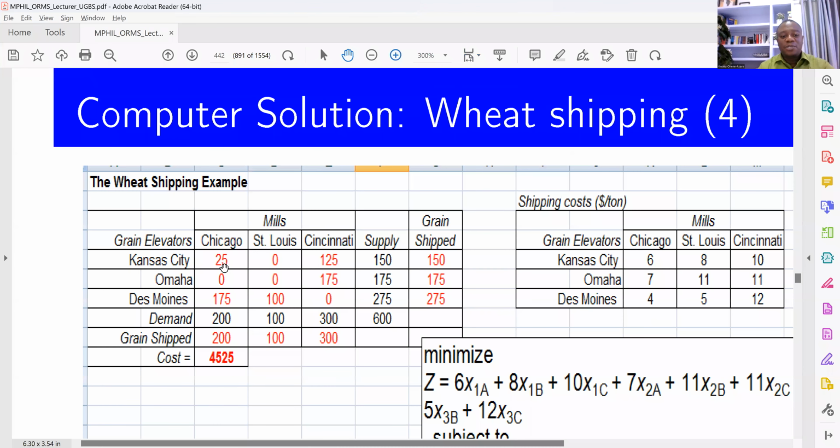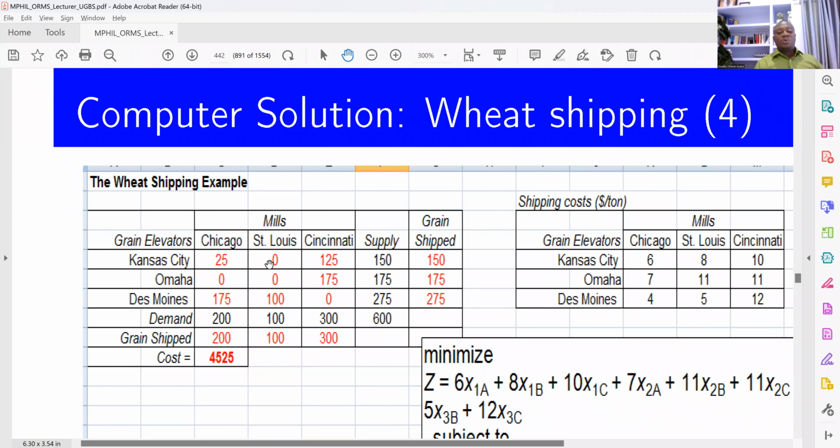For example, 25 here means that 25 tons of wheat were transported from Kansas City to Chicago. The Kansas City and Omaha are the elevators; Chicago, Cincinnati, and St. Louis are the mills.